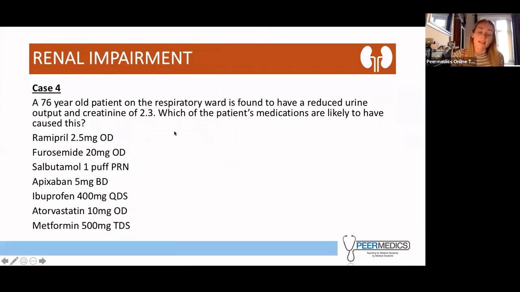So a 76-year-old patient on the respiratory ward is found to have a reduced urine output and a creatinine of 2.3. Which of these patients' medications are likely to have caused this? Anything else? There may be more than one.